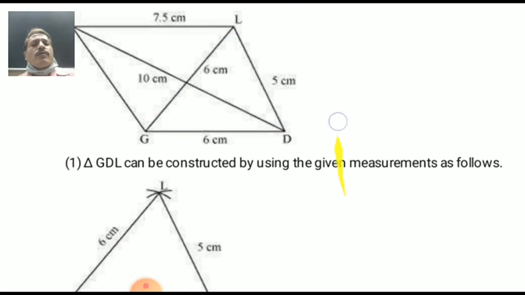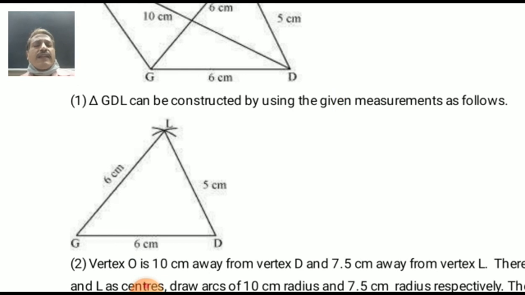And we know how to draw GDL. Our GDL is ready. You can write the steps in your own language. It's not compulsory to write what is in the book or the digest. You can make it in your language, an easy way: where you keep your center, where the arcs are, where arcs intersect, and give the particular name of the point.